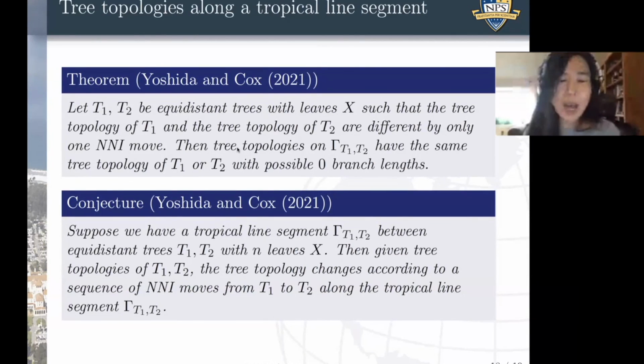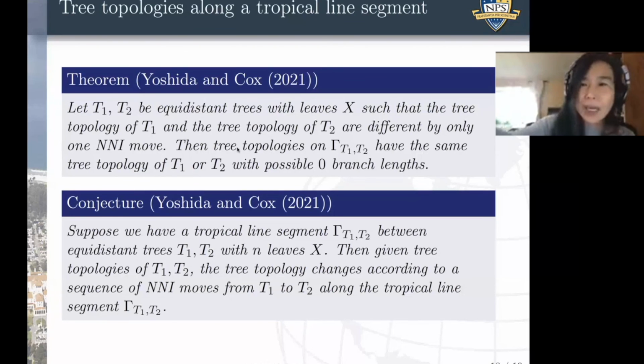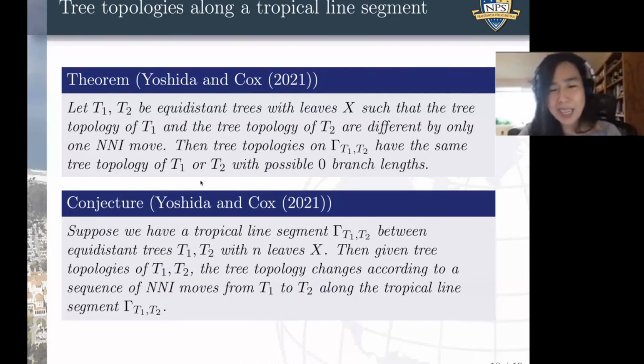I really tried to use the relation between the BHV metric, the Billera-Holmes-Vogtmann metric, and the tropical metric, but I couldn't get the small details, and that's why I couldn't prove this conjecture.